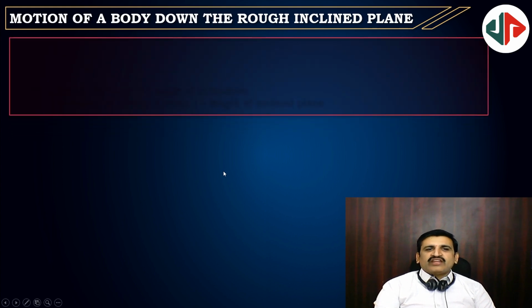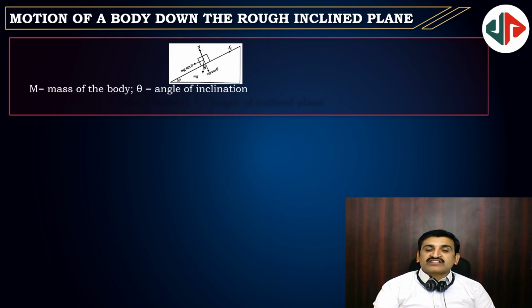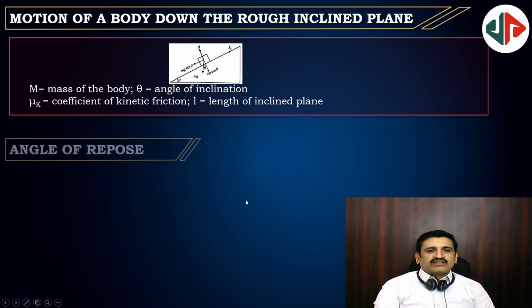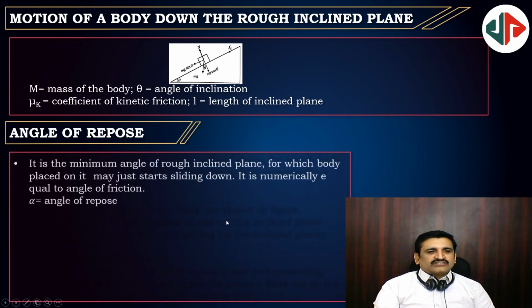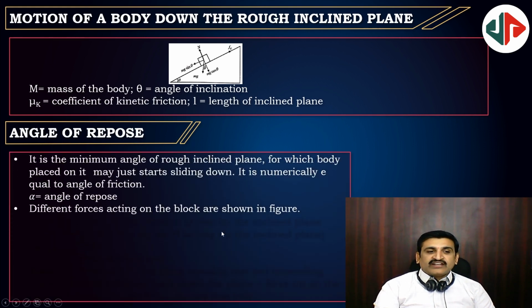Motion of a body down the rough inclined plane. It is a rough inclined plane, so friction automatically will be there. At one particular angle of inclination only, the body starts sliding down. Until that, the body won't start, because friction prevents the motion. So that angle is known as the angle of repose. The angle at which the body is ready to slide down is the angle of repose.